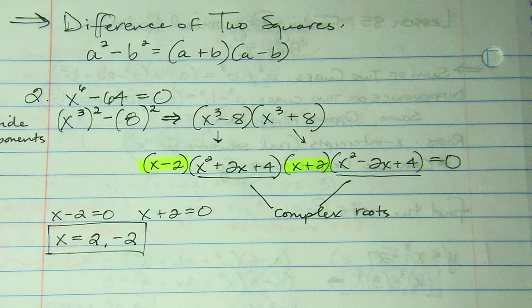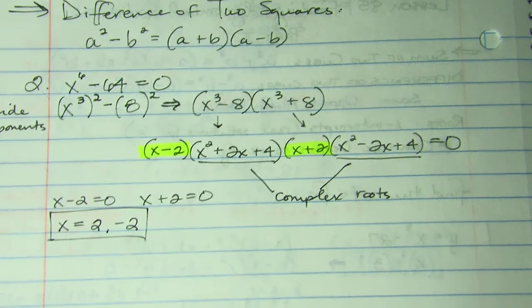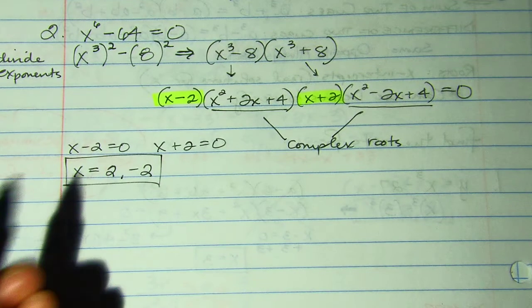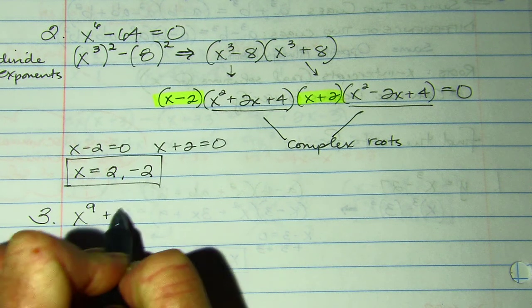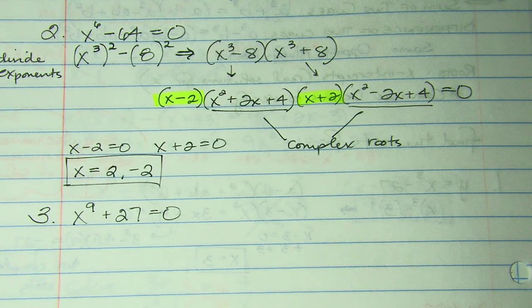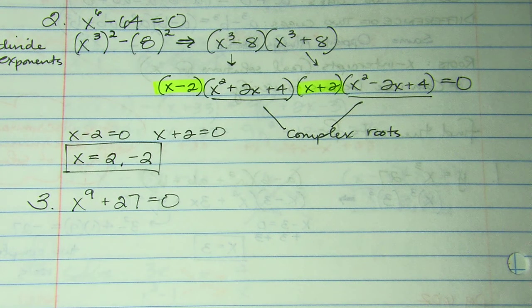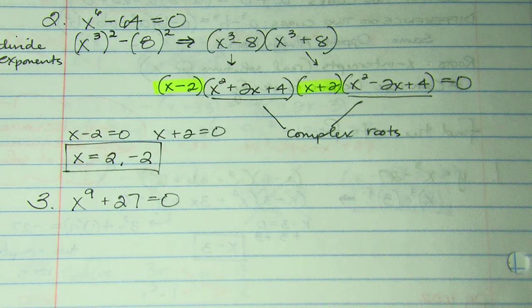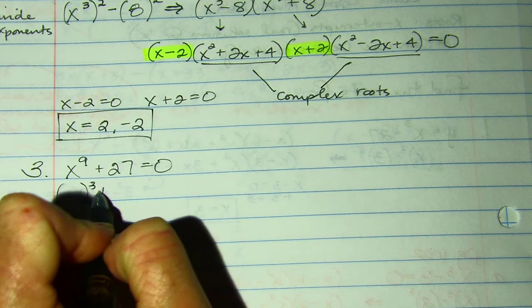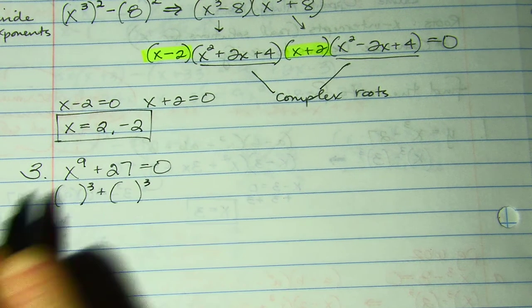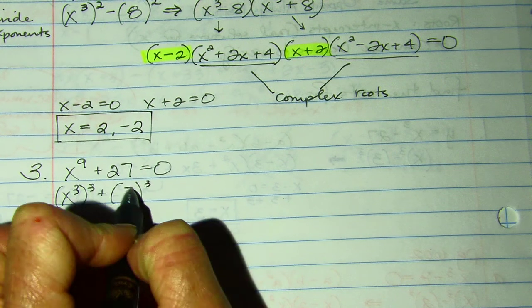All right, so let's try one more. X to the 9th plus 27 equals 0. Now, this one is a sum of two cubes, and I know that's hard to see. So I've got x cubed and 3 cubed.